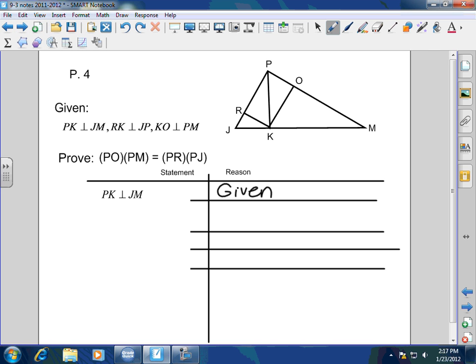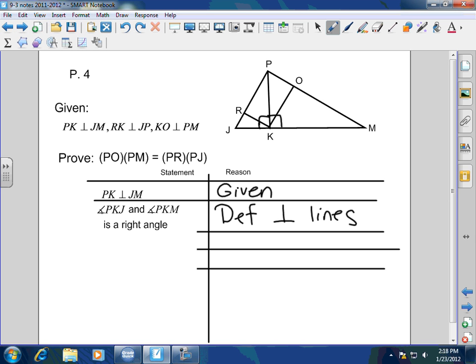But what we do know for sure is that PKJ and PKM are right angles. Not is a right angle, but are right angles. So PKJ and PKM are both right angles. This is straight up the definition of perpendicular lines.